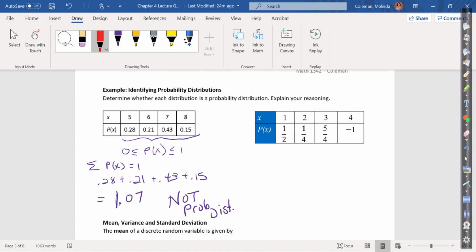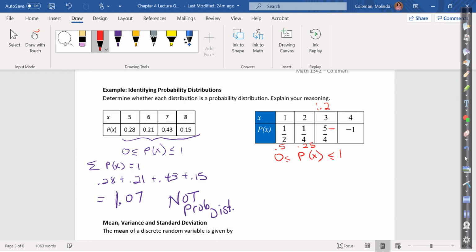How about the second one here? Well, these are written as fractions, so we have to be really careful. Again, is my probability between 0 and 1? Well, 1/2 is 0.5, so that's good. 1/4 is 0.25. 5/4, because my numerator is larger than the denominator, is going to be greater than 1.